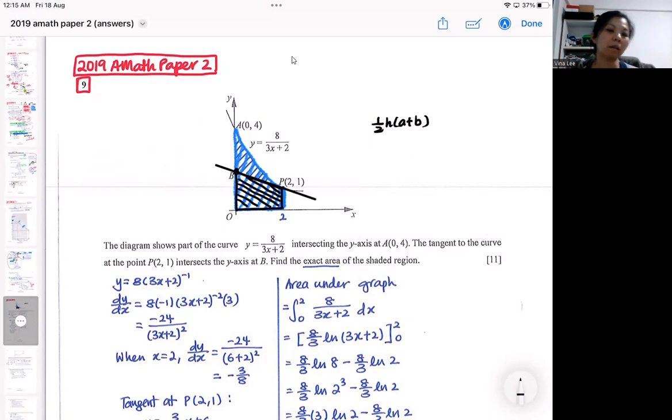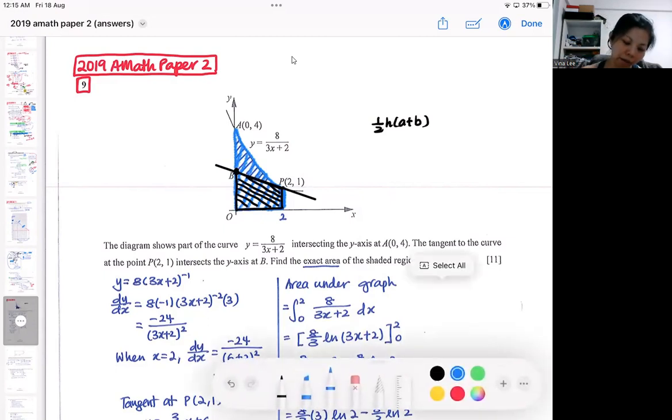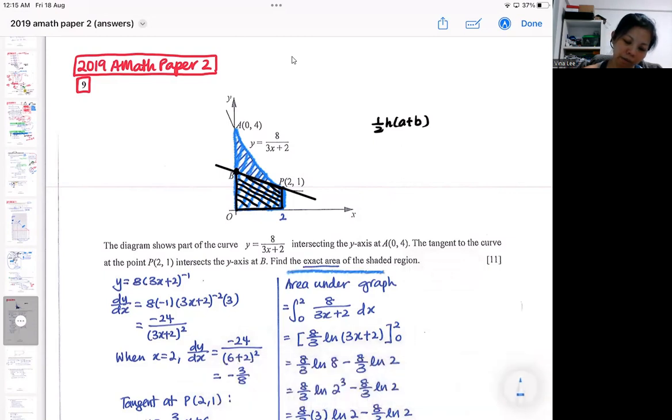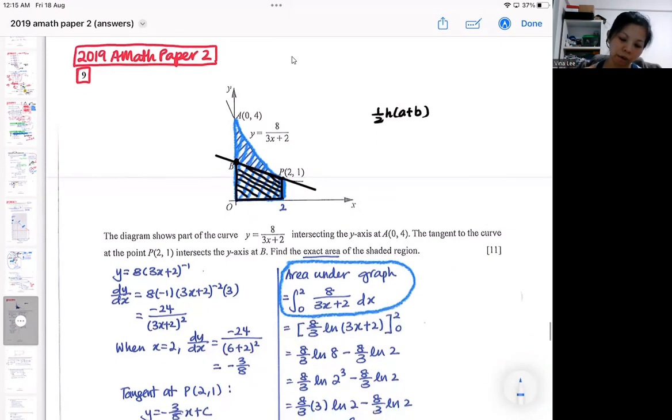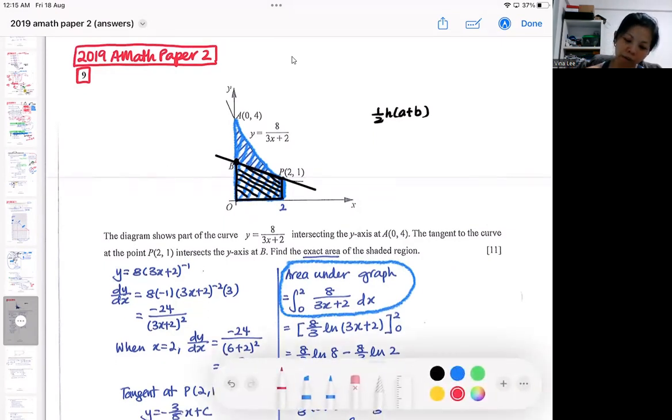After you plan out that you will need the blue area, the blue area is quite easy. If you do a direct one, it is just integrating the curve. So you just need to integrate the curve from 2 to 0. If you've gotten the correct formula, it will have been this formula.